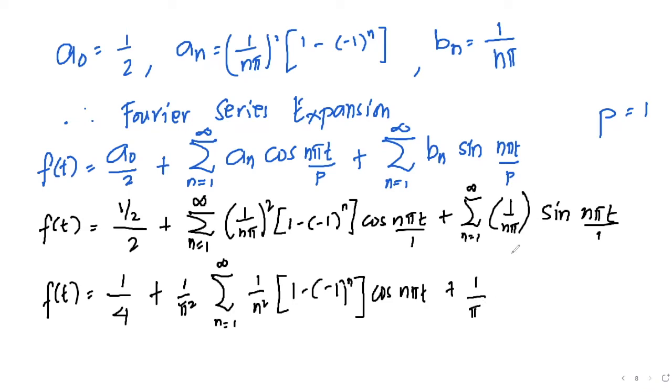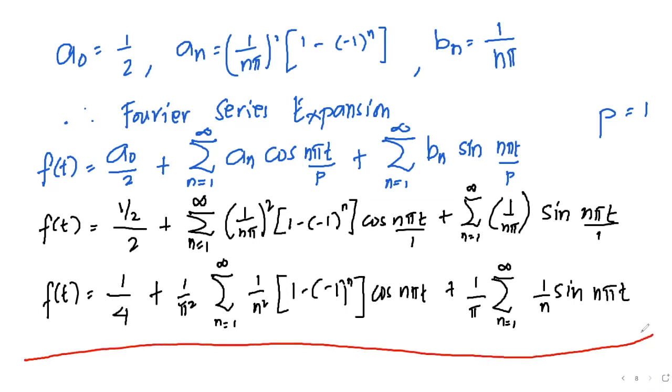So 1 over pi will be put before the summation symbol, and then inside the summation you have 1 over n times sine of n pi t.